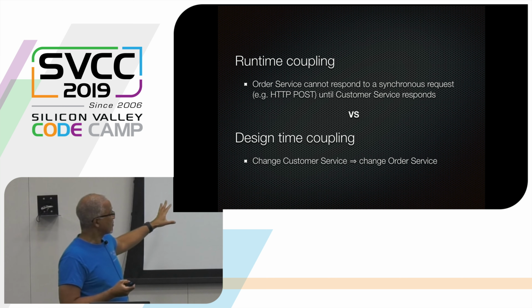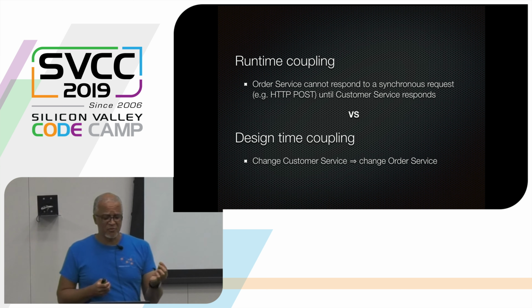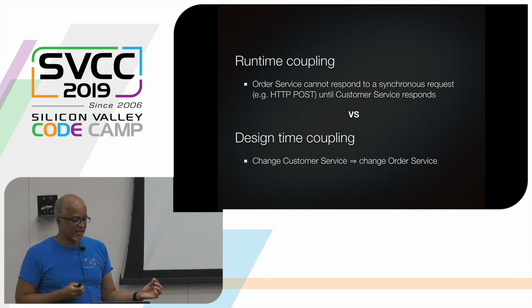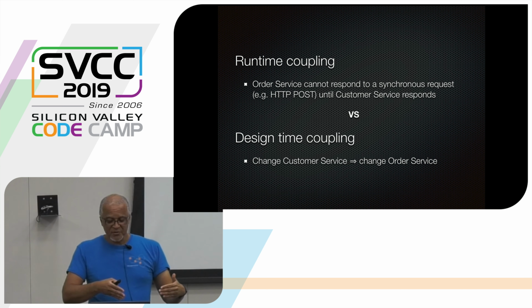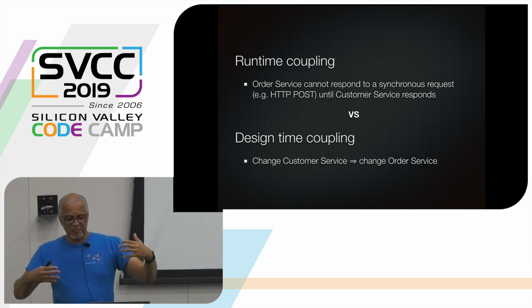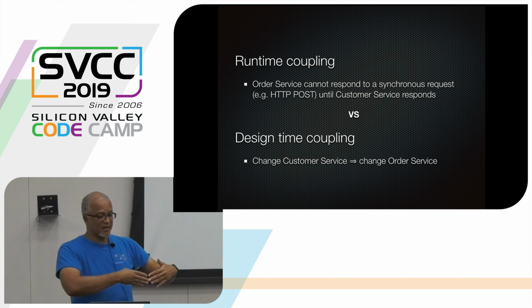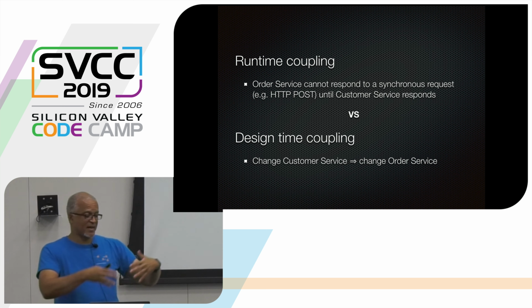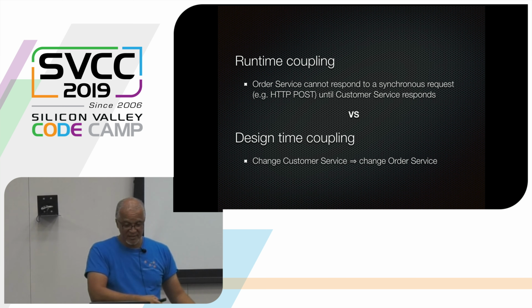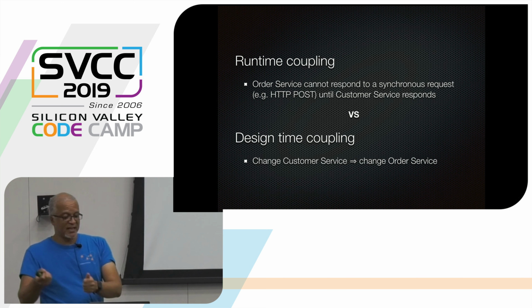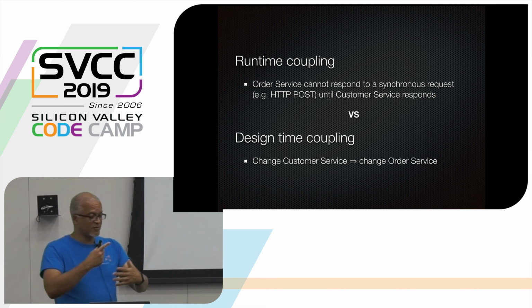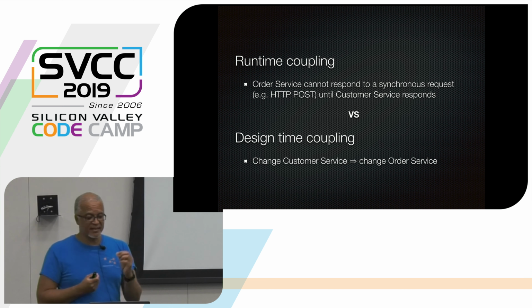But then the other type of coupling, which can have a dramatic impact on team productivity, is design time coupling. And so that's where, like in this example, the order service depends upon the API of the customer service, and if that API is changing a lot and forcing changes to the order service, then they're effectively tightly coupled from a design time perspective.